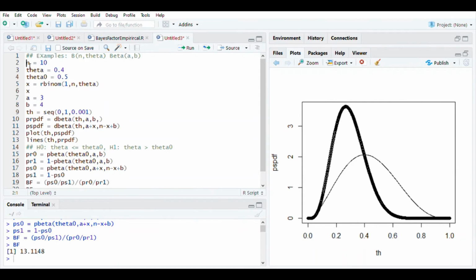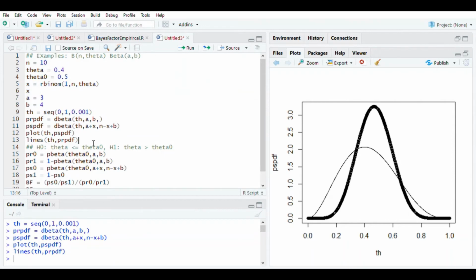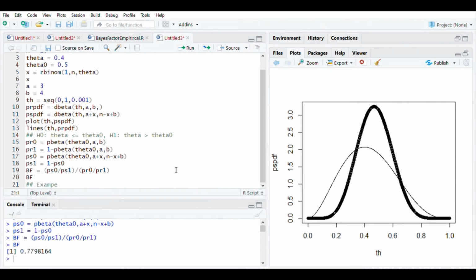So let us see what happens here. Okay. So notice the change in the posterior PDF now. So 0.77. So the Bayes factor is now less than 1, less than 3.